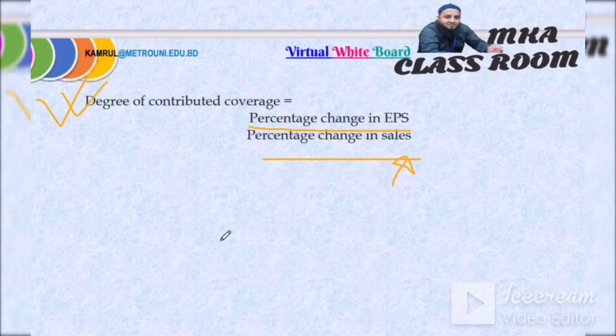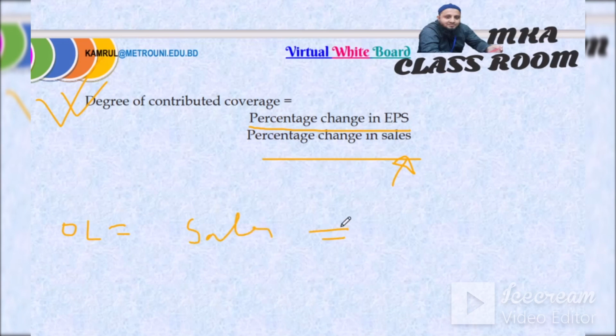At first, operating leverage. If you change your sales by 1%, what happens to your operating profit?